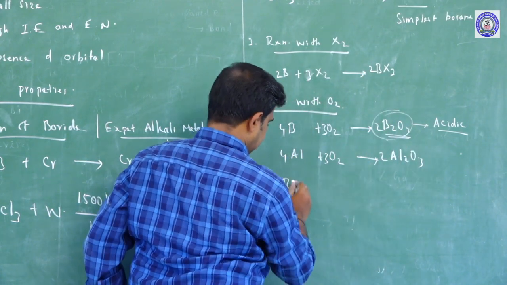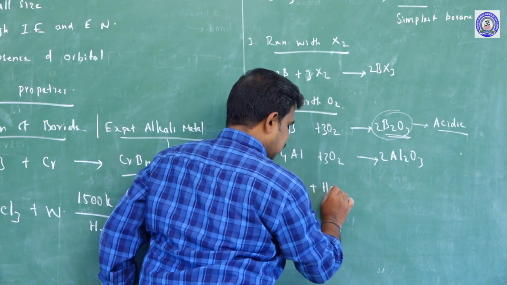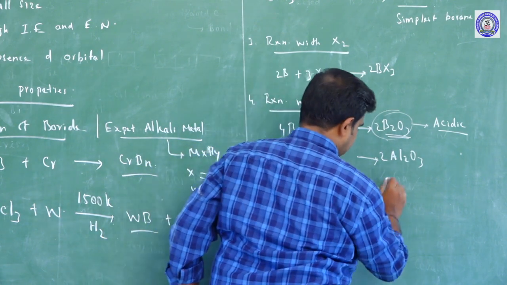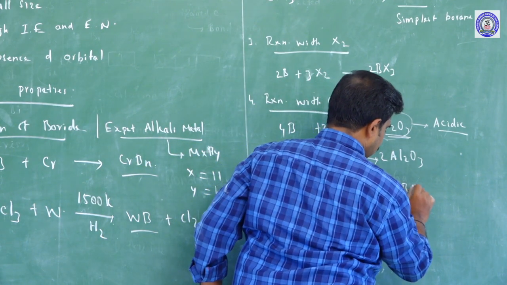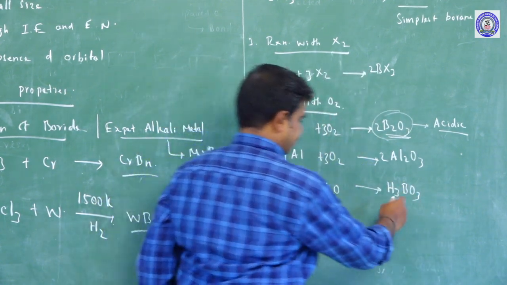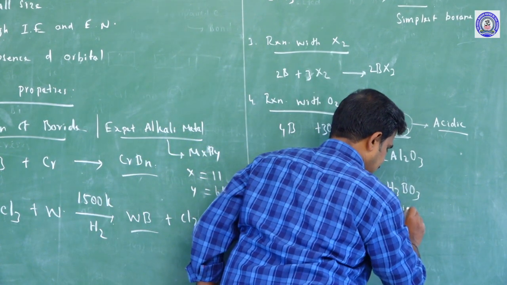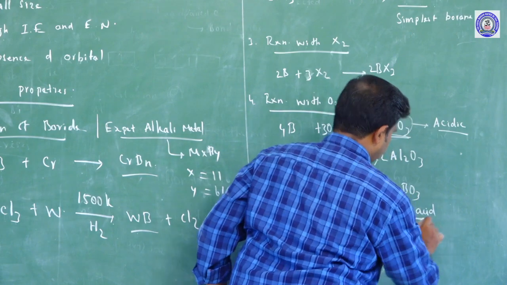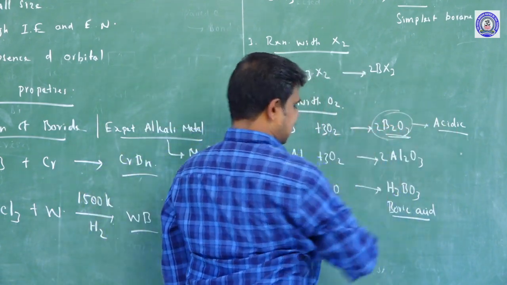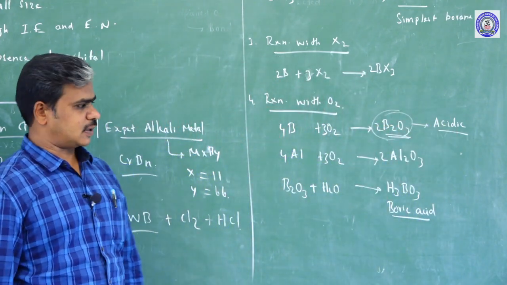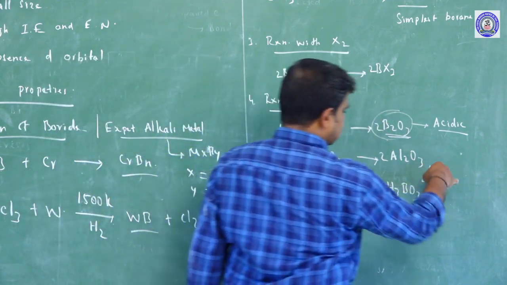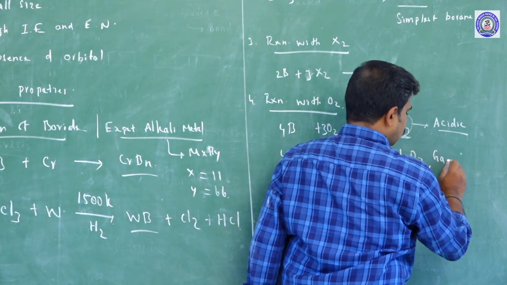This B2O3 reacts with water, H2O, and forms H3BO3. It is boric acid. So boric acid, so it has acidic character.